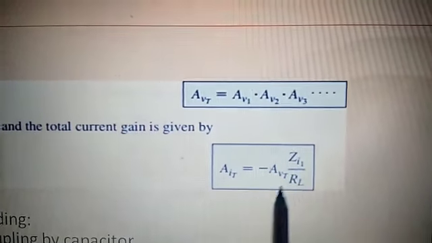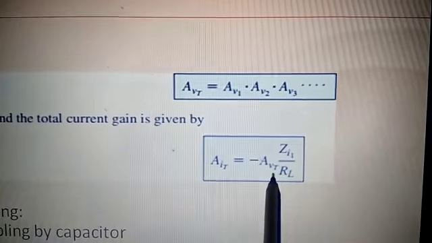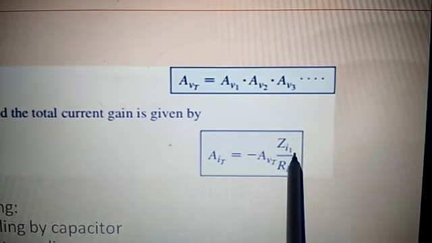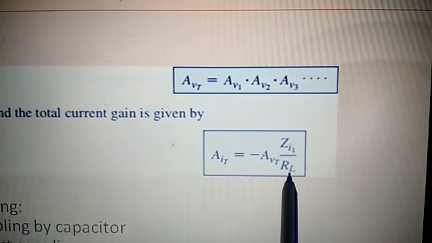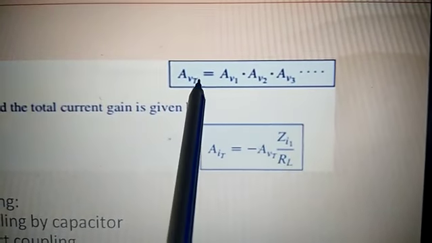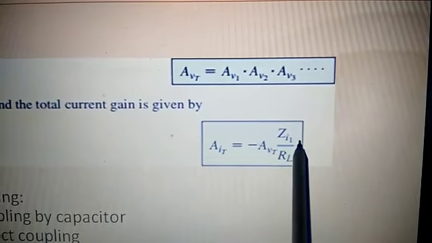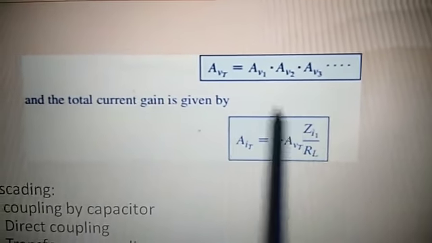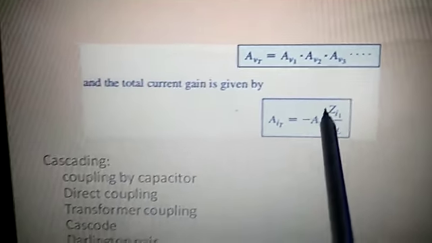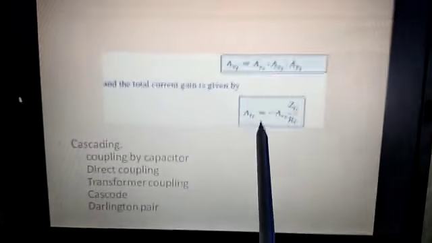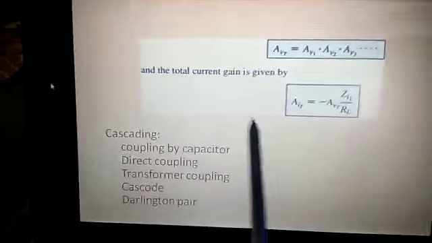Here AV is the voltage gain, ZI is the input impedance, and RL is the load resistance. This is the current gain of the overall cascaded or multi-stage amplifier.